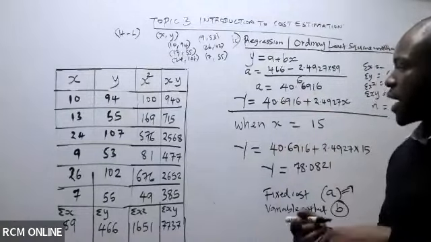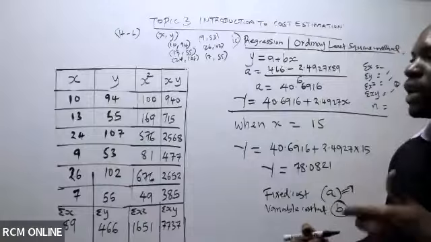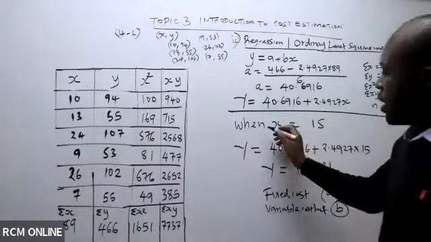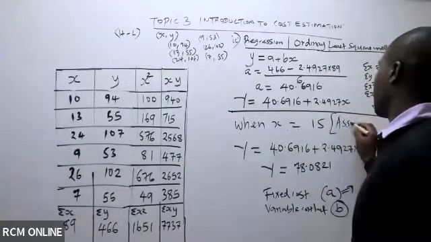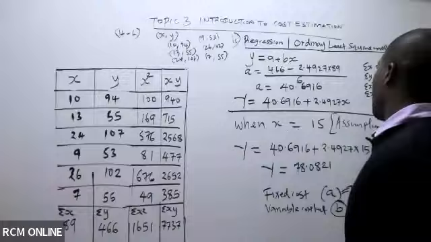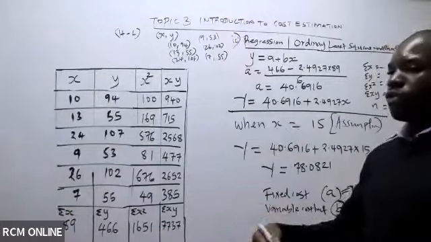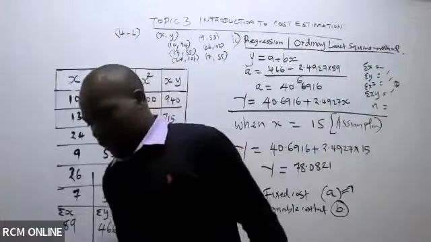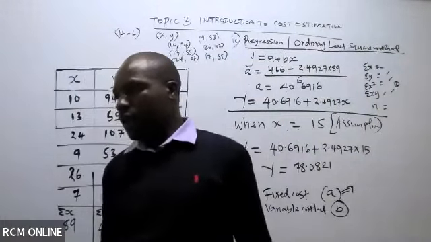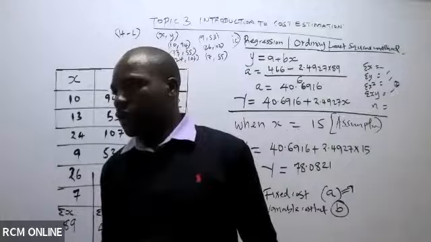We said, can you find the value of Y when X is 15? This is an assumption. Assume X is 15. What will be the value of Y? Good. So I believe that is clear.